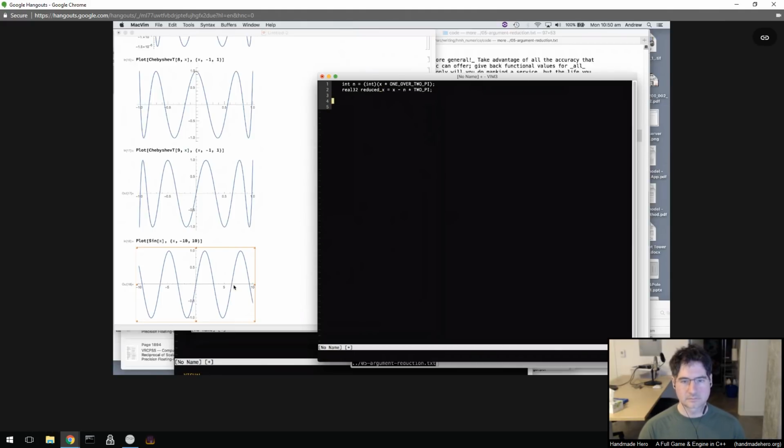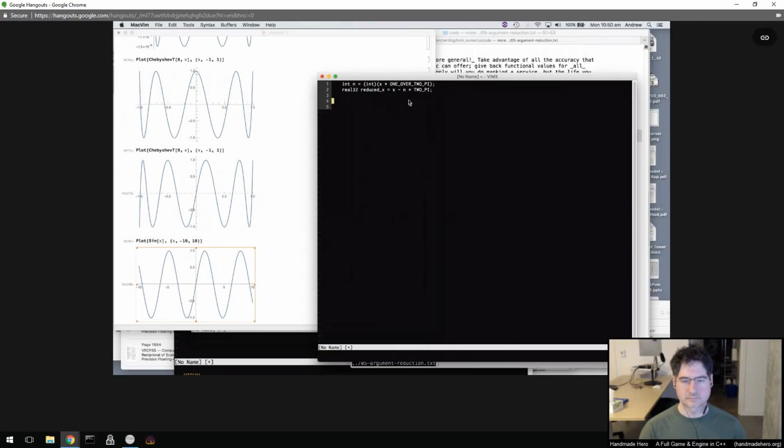So that's all right, but there are a couple of problems. One of them is, what if x is large? Now, a real implementation of sine and cosine for the C standard library will have to deal with numbers up to a huge range, and we don't want to do that.